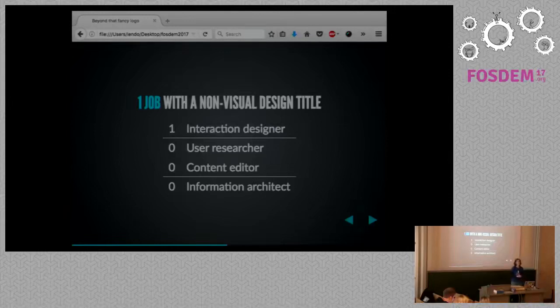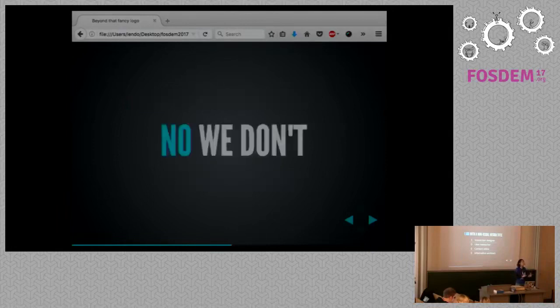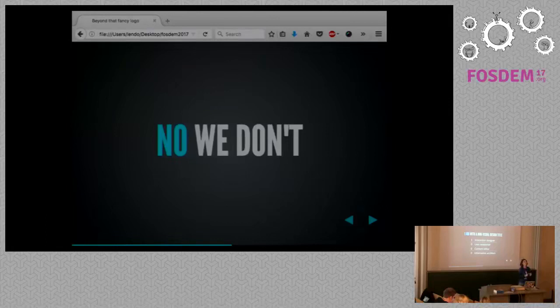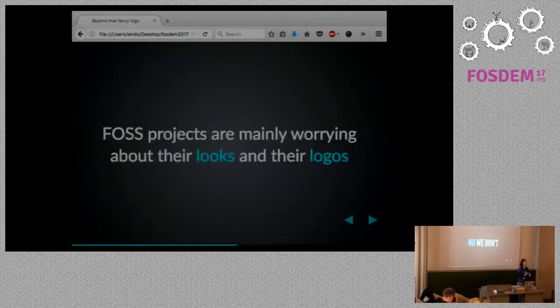So we look at the jobs and we accept that those jobs are a fair representation of what is happening in design in the world of free and open source software. We must conclude that no, we are not paying attention to the non-visual aspects of design. We are not paying attention to the user, to the content, to the structure, to the behavior of our software.